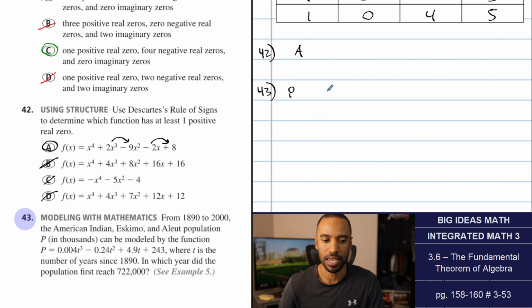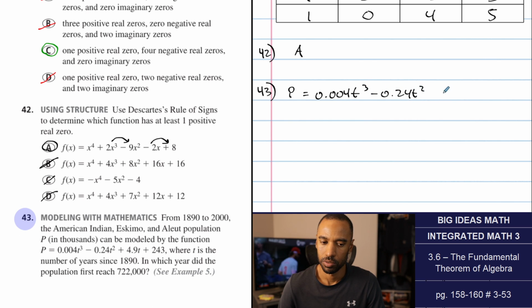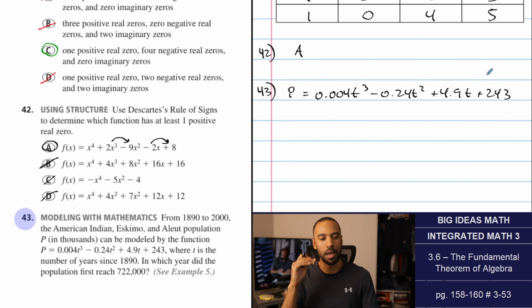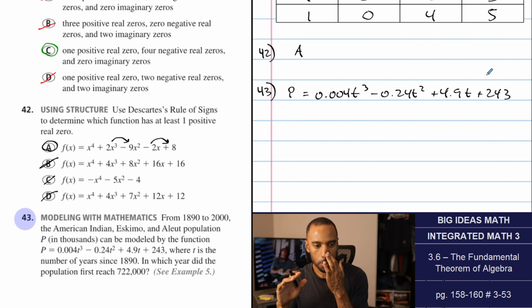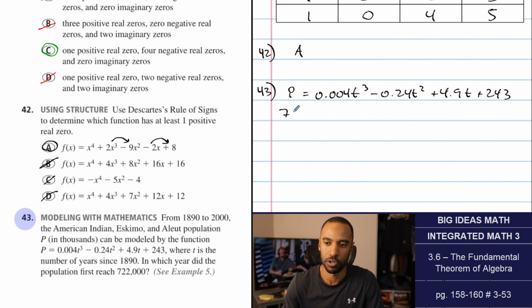Okay, so P equals 0.004 T cubed. Okay, they said which year did the population reach 722,000? Remember, P is already in thousands. So if we set our population equal to 722,000, or if you write it as 722, then you get this setup right here.